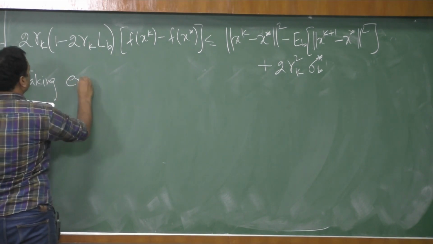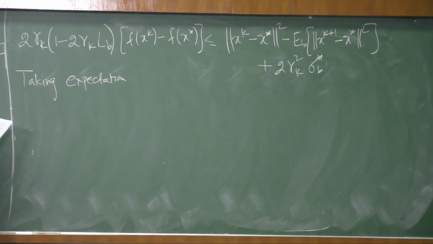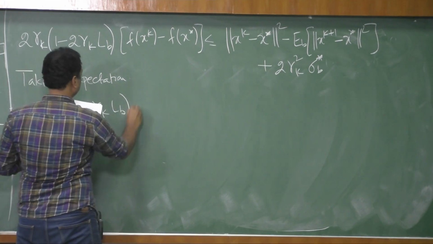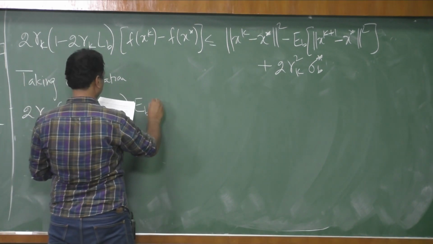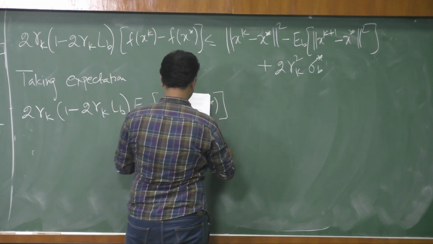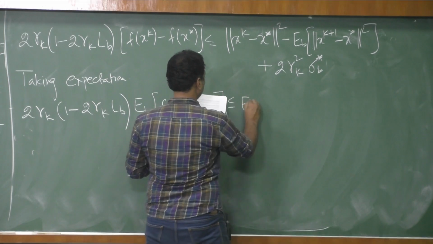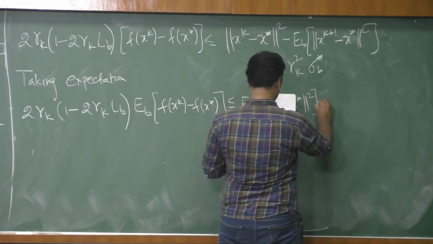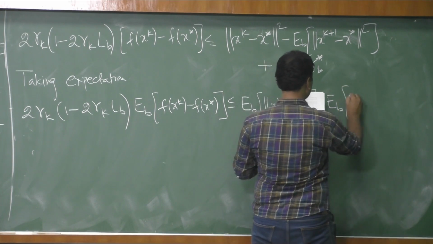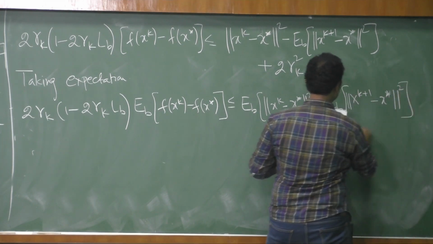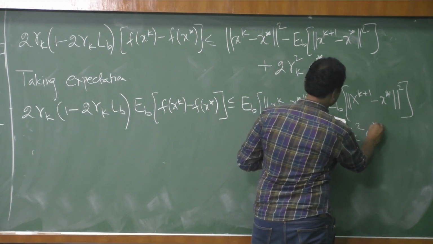So taking expectation, we will have 2 gamma k (1 minus 2 gamma k LB) times expectation EB of f(xk) minus f(x star), which is less than or equal to EB of norm of xk minus x star whole squared, minus EB of norm of xk plus 1 minus x star squared, plus 2 gamma k squared sigma star b.